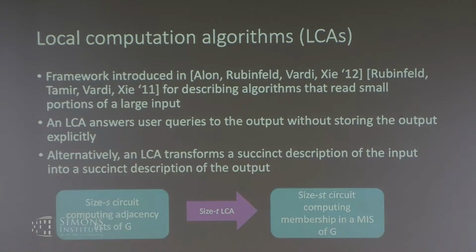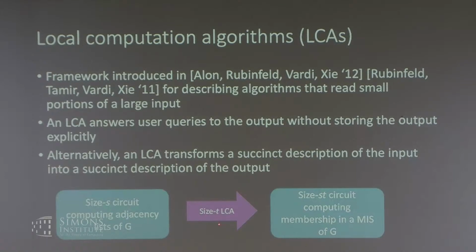As an example, suppose you have a circuit that computes the adjacency lists of a graph. You put in the identity of a vertex into this circuit and it outputs a list of its neighbors. This is a succinct representation of the graph, because it doesn't store the entire graph, it's just a circuit that computes the adjacency list.